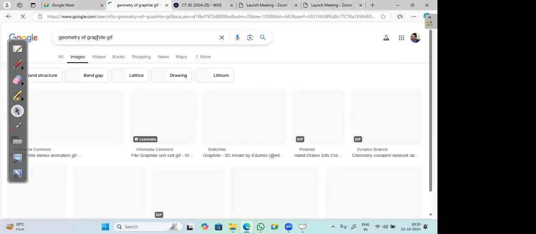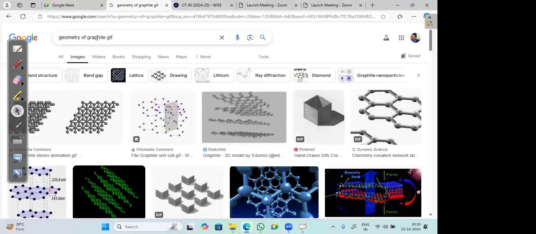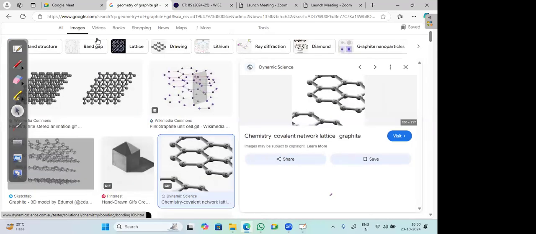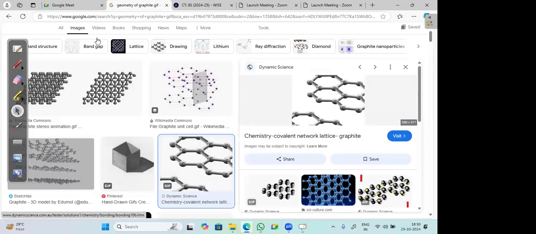So you have a free electron. Always there is a free electron. Like this. So see here, you can see there are a number of carbon atoms, and every carbon atom here is linked to three other carbon atoms, and they are forming layers.